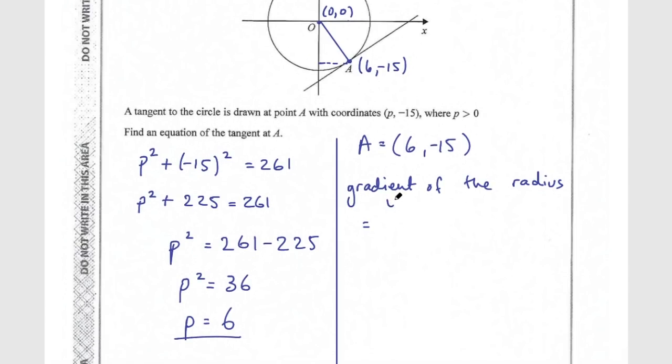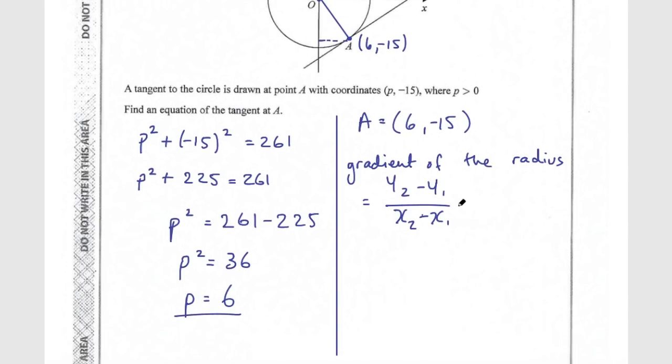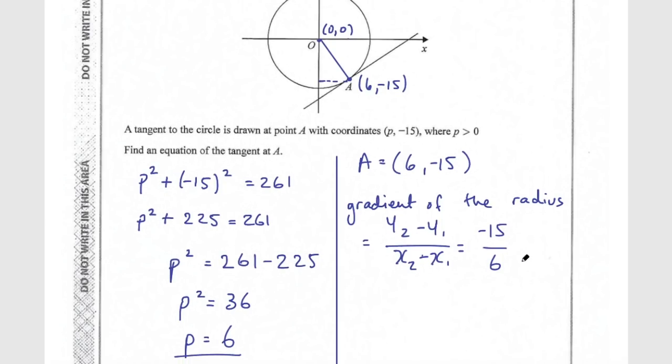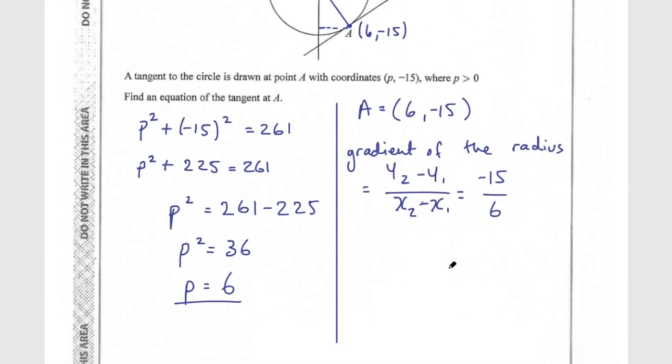So that would be y2 minus y1 over x2 minus x1. y2 is minus 15, x2 is 6, and they're both minus 0. So the gradient of that radius from 0 to A will be minus 15 on 6.